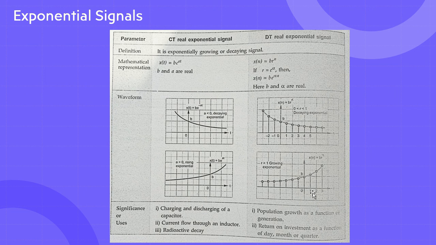And the return on investment as a function of a day or a month or a quarter. We can also show the return on an investment as a function of these growing or decaying signals. So these were some of the very useful complex exponential and sinusoidal signals.